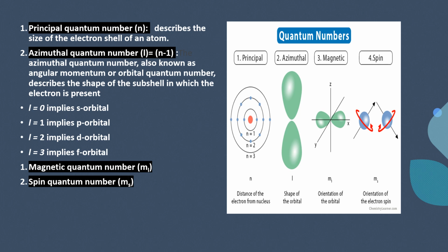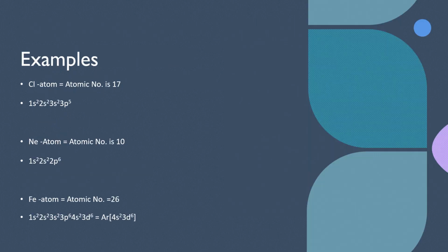If the electron direction during filling is upward, we call it clockwise spin, and if it is downward, we call it anti-clockwise spin. Now let's practice examples related to electronic configuration.